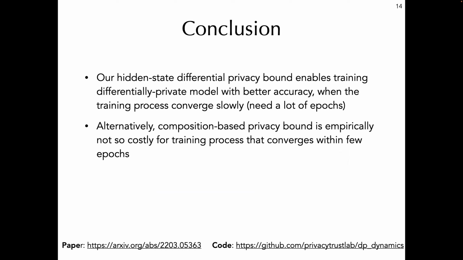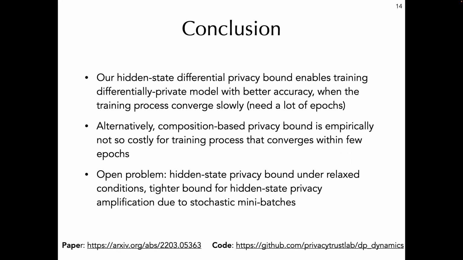And this is an interesting direction, and we observe that there are still a lot of open problems to solve, such as the hidden state privacy bound under more relaxed conditions without strong convexity and smoothness, or a tighter bound for the hidden state privacy amplification due to stochastic sequences of minibatches.